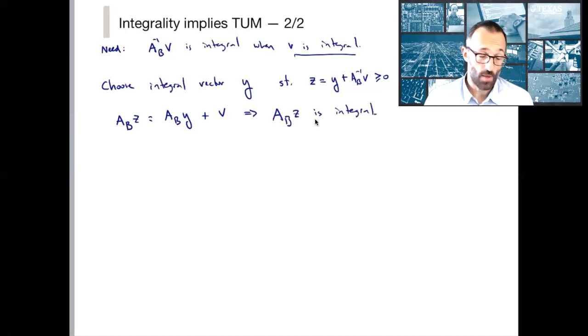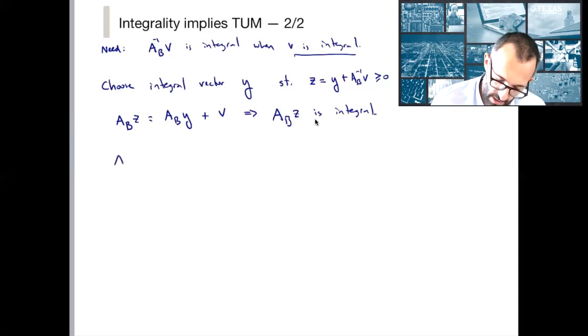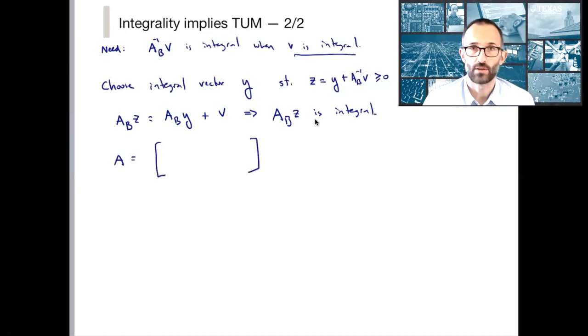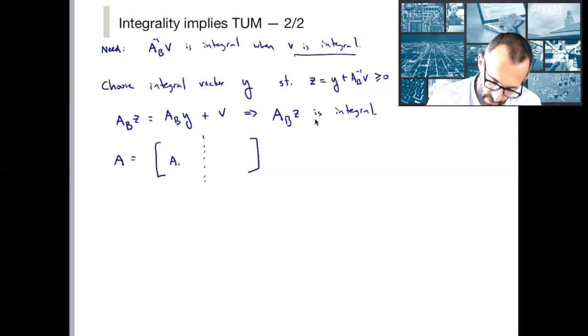So we're almost there. Our matrix A, remember, is something like this, and there are some columns that we chose, the ones in B, and then there are the things in its complement. As we did when we were talking about the simplex method, I'll just put those in front. So this is AB and AB complement.